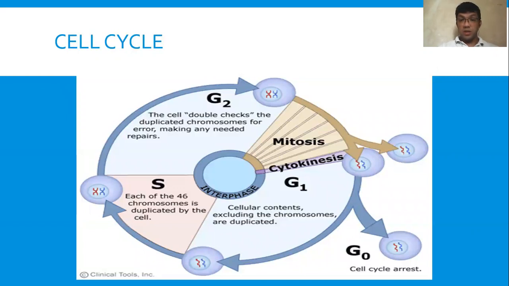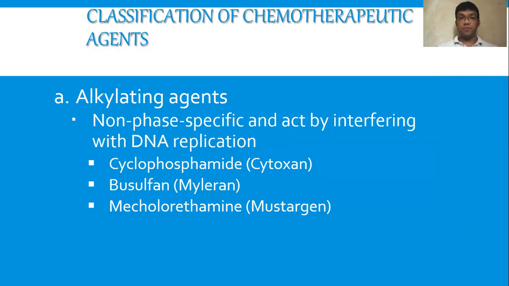And once that has happened, it will now undergo the different phases of mitosis until eventually cytokinesis occurs, wherein the cell splits into two daughter cells. So that's how the cell cycle occurs. It is also doing the same thing for the cancer cells.